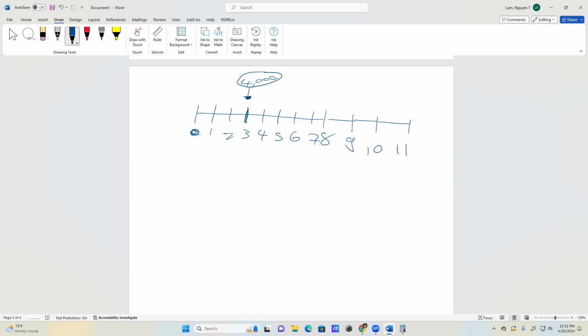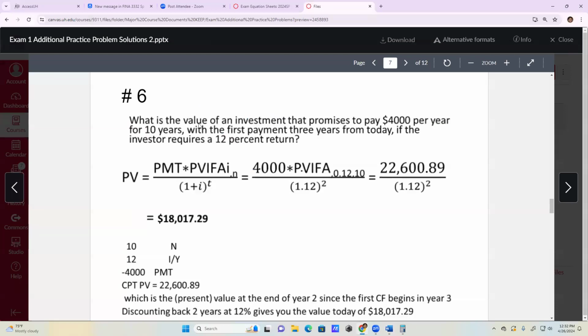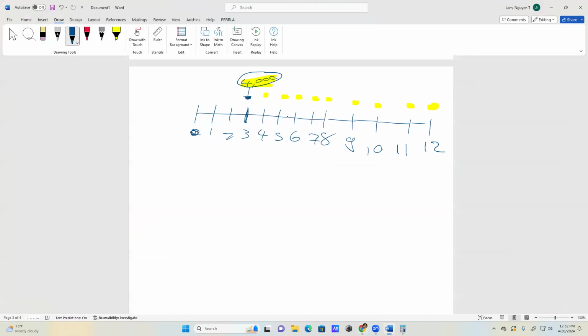Let me see. So this is 1 already. 2, 3, 4, 5, 6, 7, 8, 9. So 1 more, right? So 12. This one is in total how many? 10 years. So from year 3 to year 12, that is the total of 10 payments of the 4,000, right?